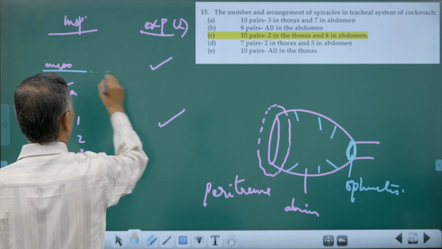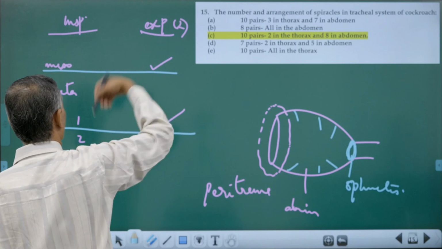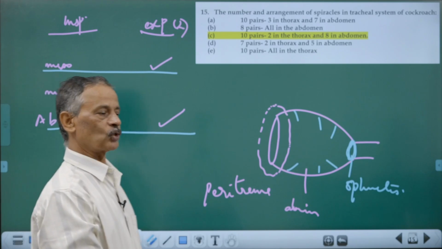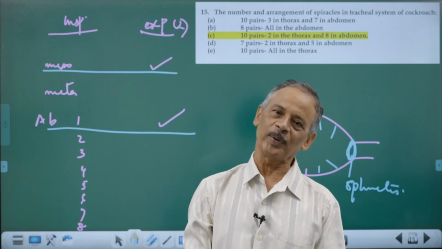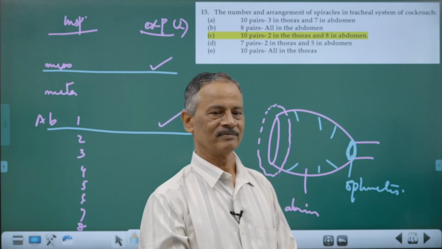So this mesothorax and first abdominal is used for both inspiration and expiration, and the remaining 8 are only inspiratory. So 2 are both inspiratory and expiratory, 8 are inspiratory, and there is no spiracle that is used only for sending out air. Clear?